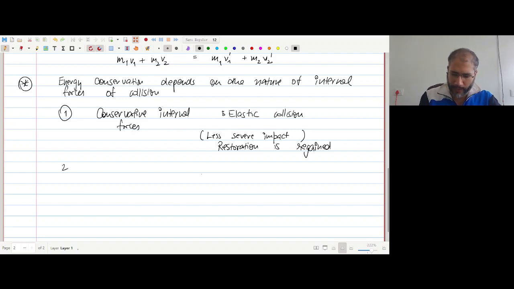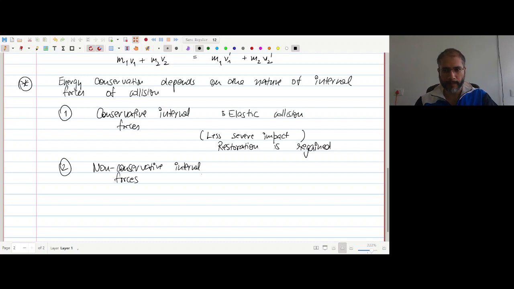So next one is when you have non-conservative internal forces. In that case we call it inelastic collision.